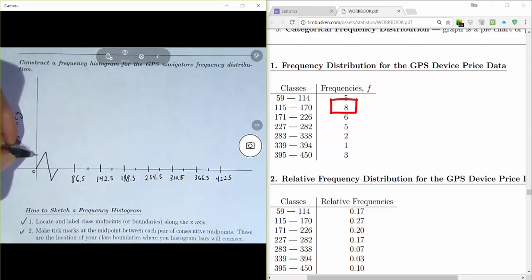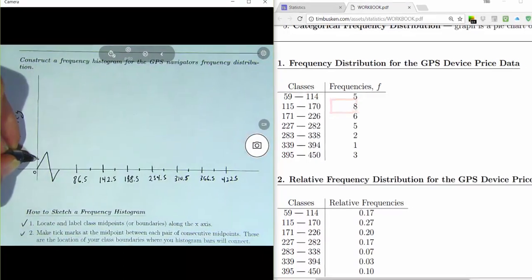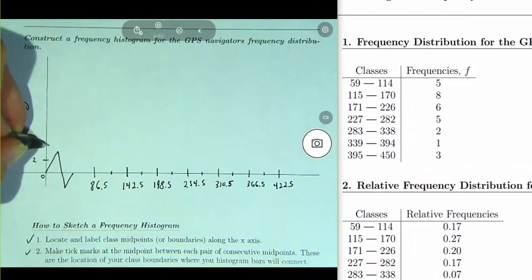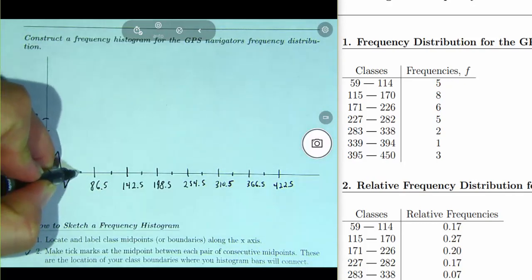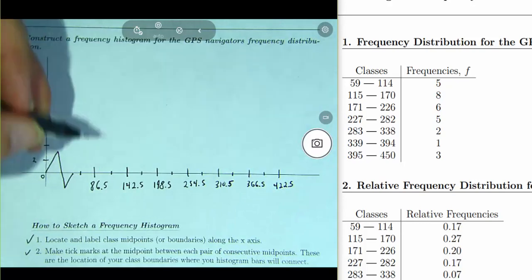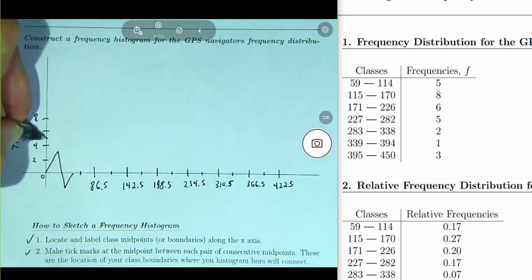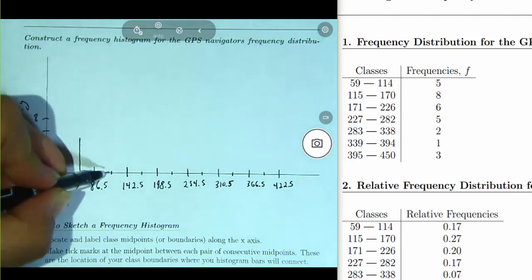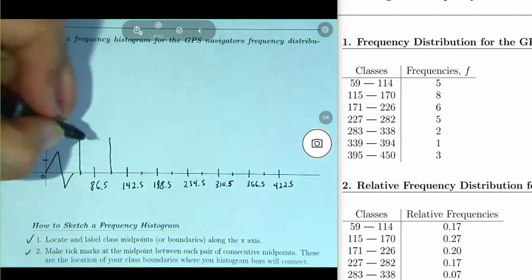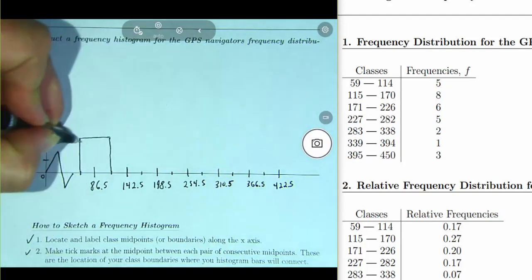So I'll just go ahead and scale the graph like this: 2, 4, 6, 8. So the first class frequency is 5. I'm going to draw a bar whose height is 5, and that bar should be centered around the first class midpoint.